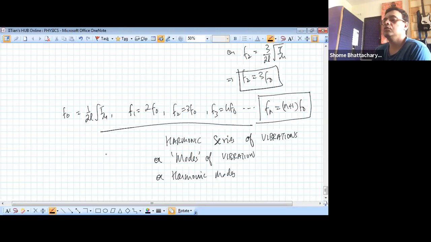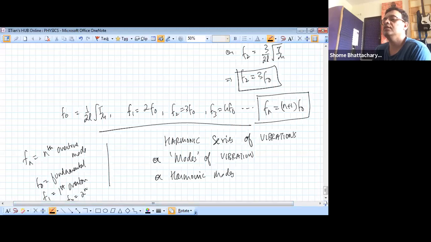Okay. Now, in this terminology, which is important, this is called the nth overtone mode. So F0 is called the fundamental. F1 is called the first overtone. F2 is called the second overtone.